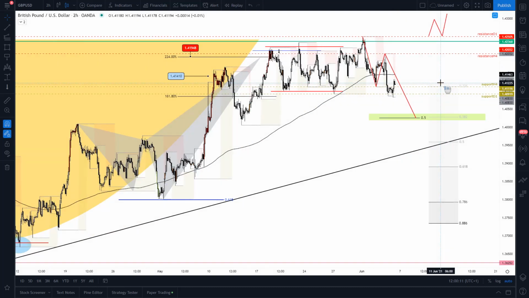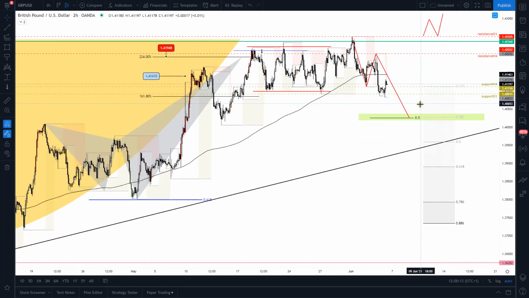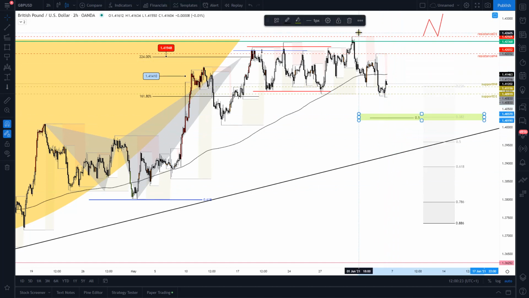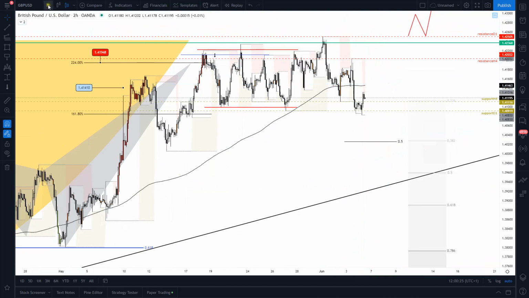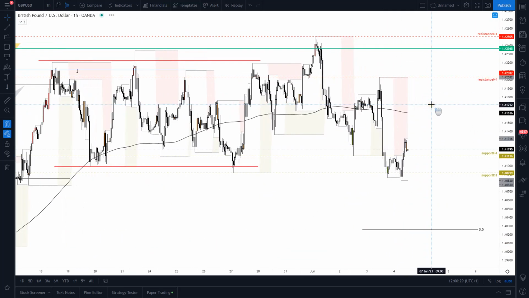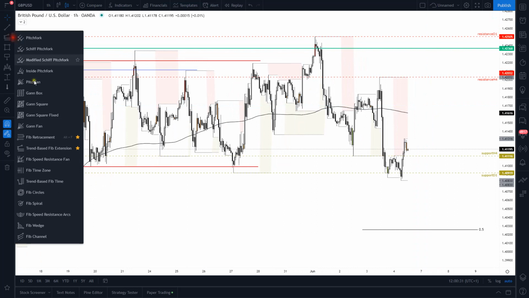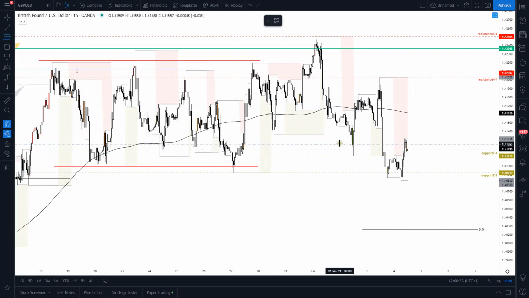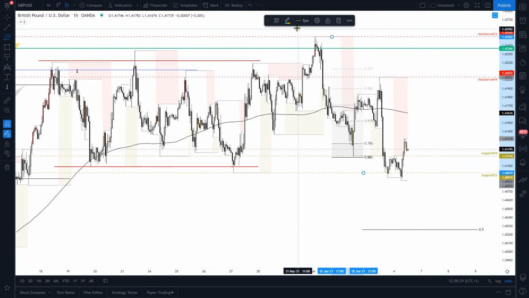Actually, now that I draw these 3 waves here, it reminds me of another eventual. Let me go into 1 hour time frame charts, and let's measure this retracement here. So we have almost the 88.6.